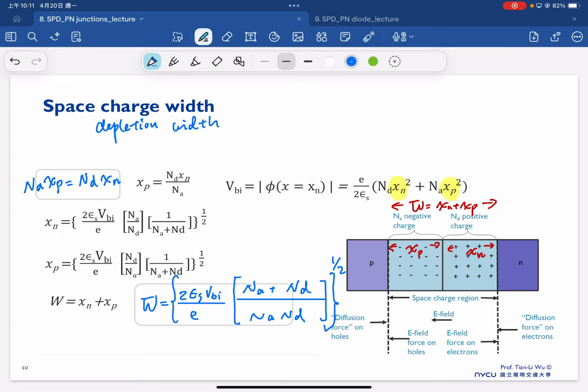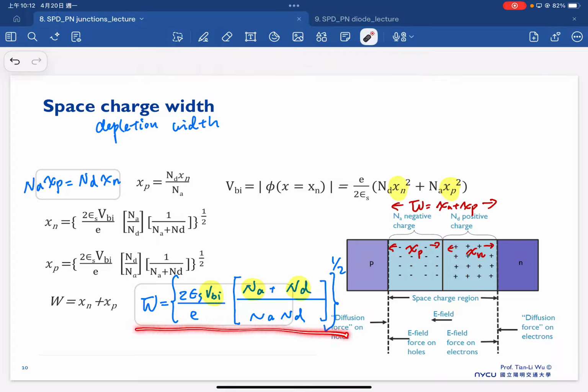So that's the depletion width equation. Now you can see from this equation, the depletion width is determined by the built-in potential, and also determined by the doping concentration here. This W is the total depletion width.